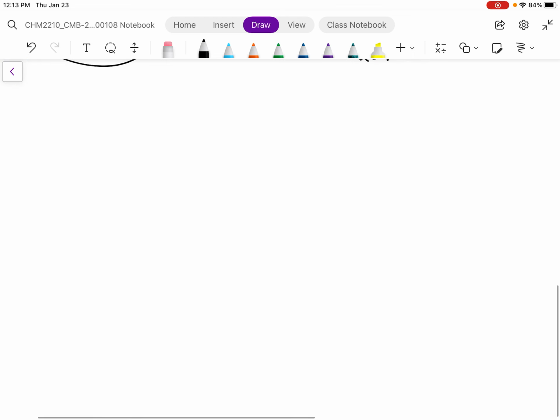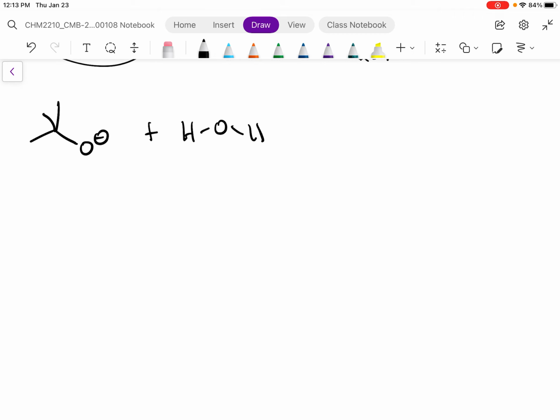All right. Now that we can understand that, now we can look at a reaction. What if we take butoxide and we treat that with water? And that's going to be an acid-base reaction.